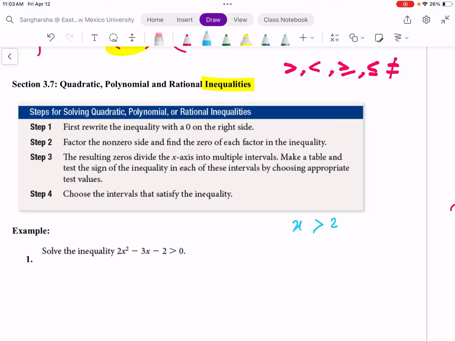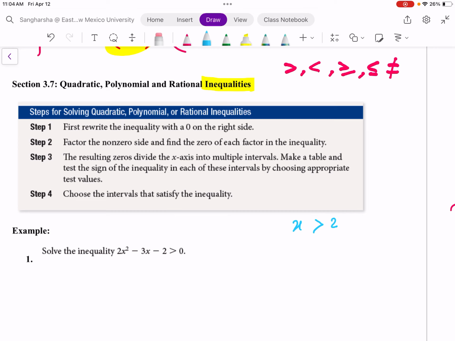So if you see an inequality, you always get infinitely many solutions, and we write down those solutions in interval notation. If we have a linear equation, an equation with degree 1, we have one solution. If we have a quadratic equation with degree 2, we get two solutions.